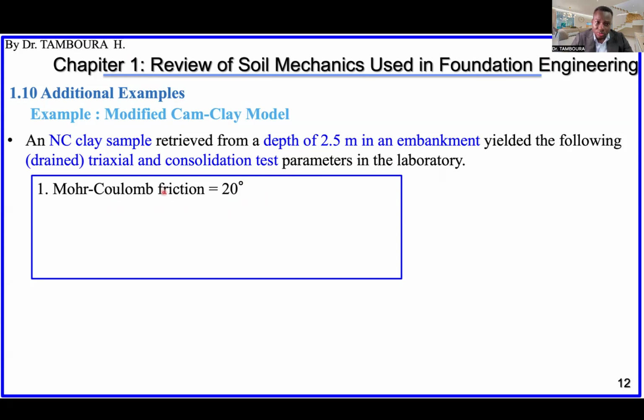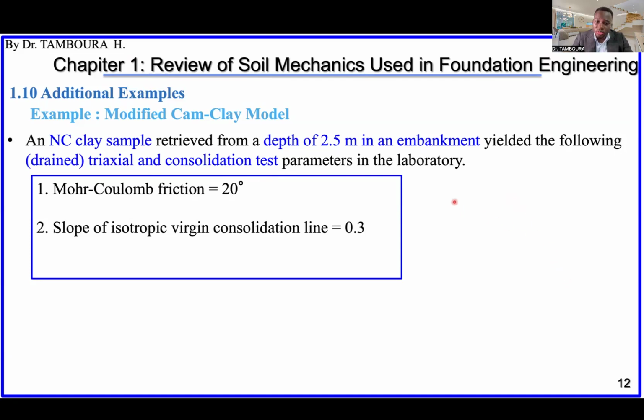I hope you understand what this is, but if you don't understand, don't worry, we will come back to this. And the slope of the isotropic consolidation line. Okay, if we do this consolidation test, do you remember the apparatus for the consolidation test? If you go back to the previous video, you will see that we have talked about this consolidation test. Okay, please remember that we may have two lines, this line and a line like this.